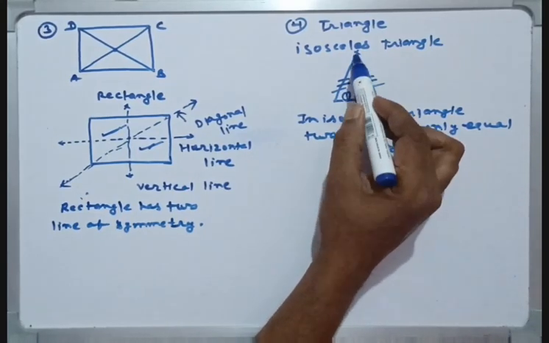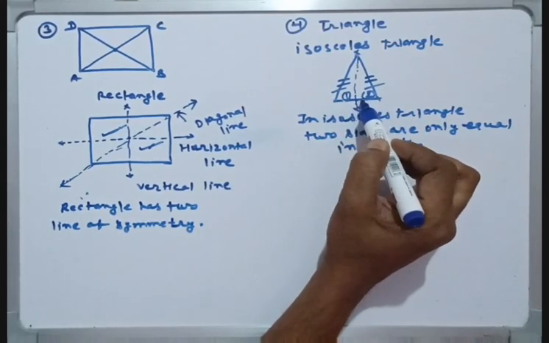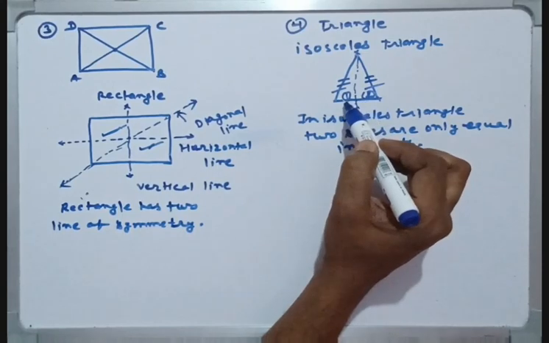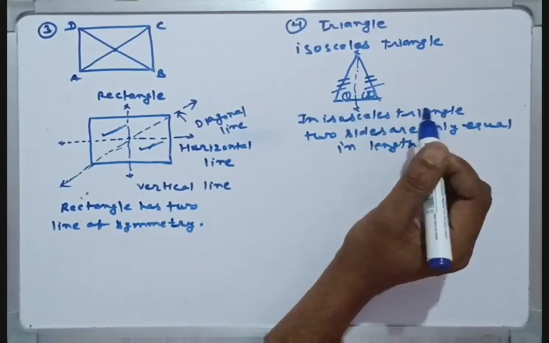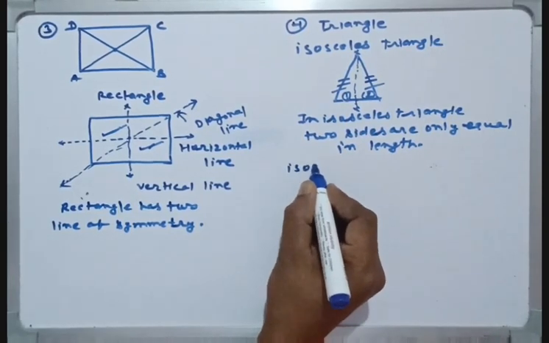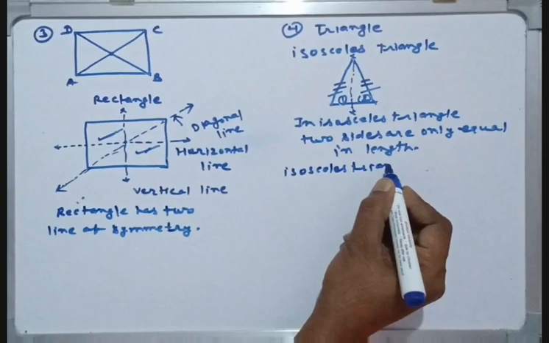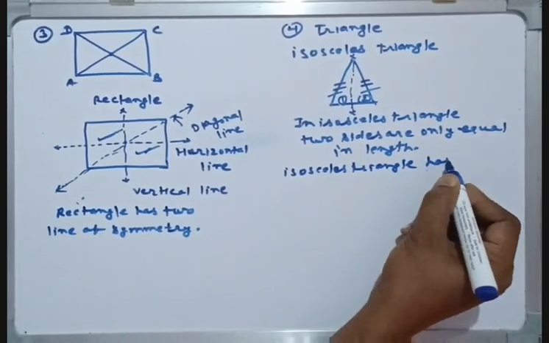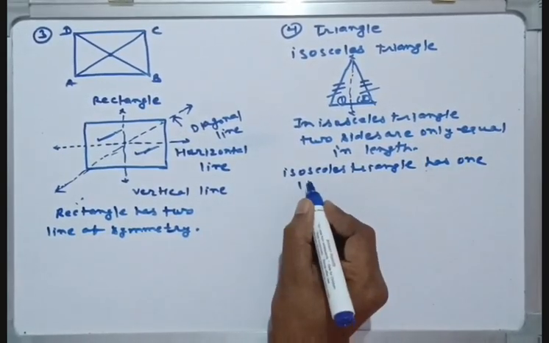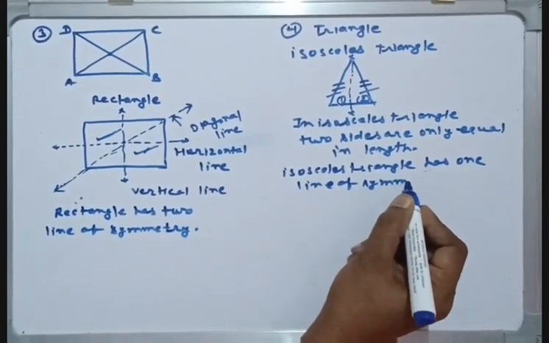Okay, or you can say this vertical line divides this triangle into two equal half parts. Okay, so what we conclude here, an isosceles triangle has one line of symmetry.